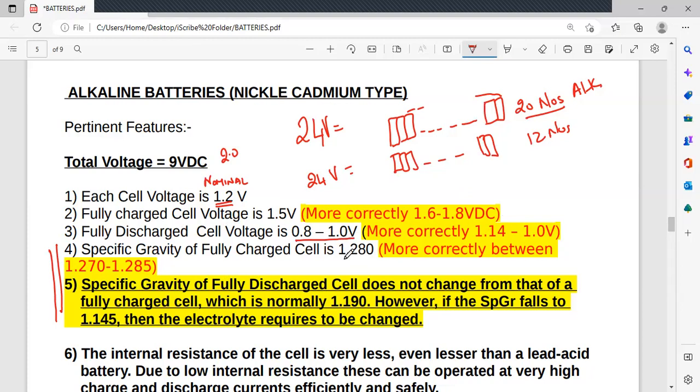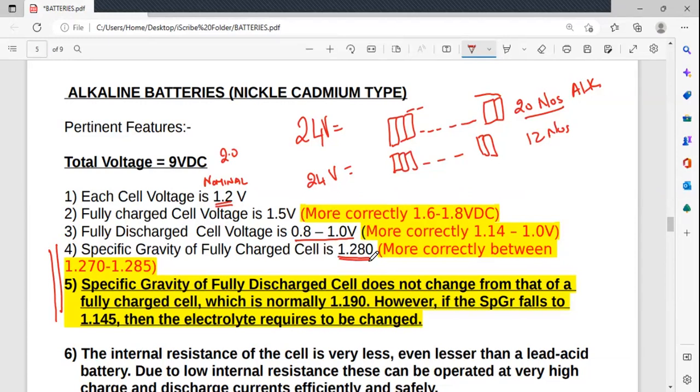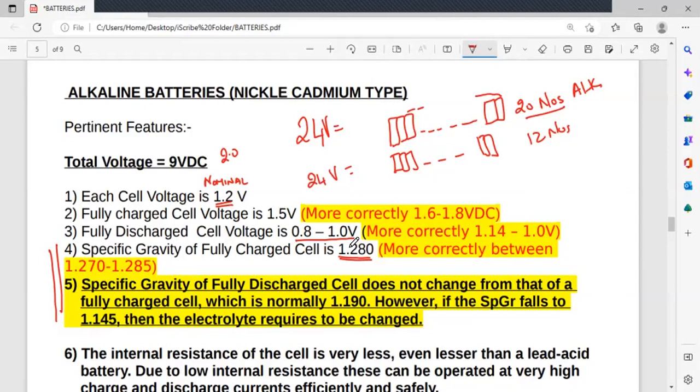Specific gravity of a fully charged cell, very same as that of your lead acid batteries. Of course, more correctly 1280. Please remember, whenever you're telling the examiner the fully charged or fully discharged specific gravity, whether it's lead acid or this, please mention the decimal point.